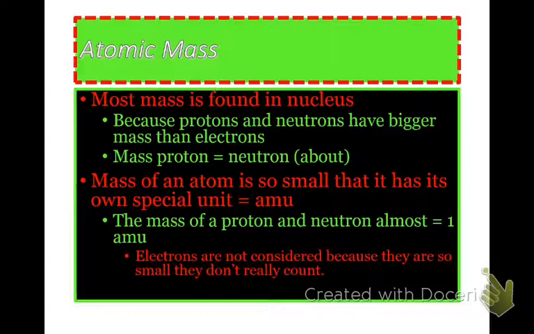The mass is the protons plus the neutrons, and the mass of a proton is about equal to the mass of a neutron. The mass of an atom is actually so small that we give it its own unit called an AMU, and the mass of a proton and a neutron is almost 1 AMU. Electrons are usually not considered within the mass because they are so small that we just don't count them.